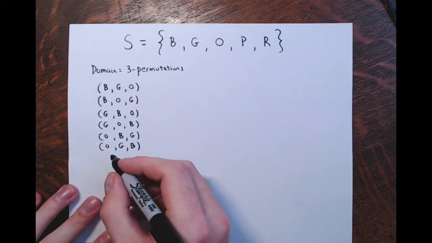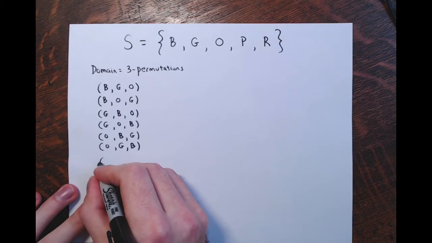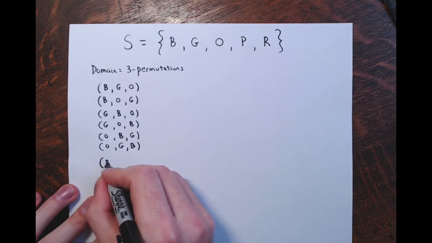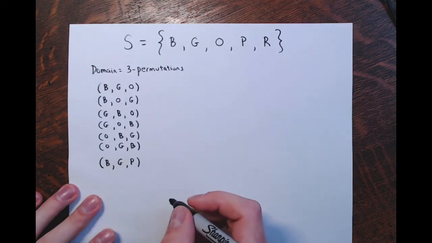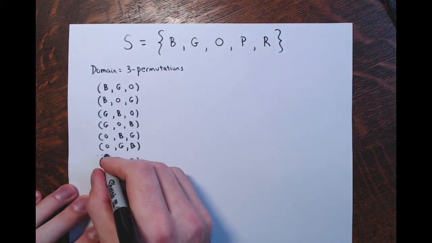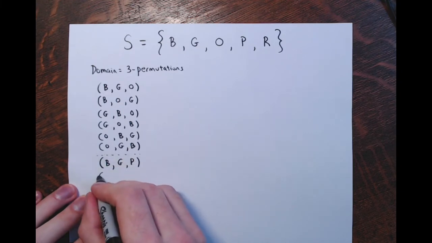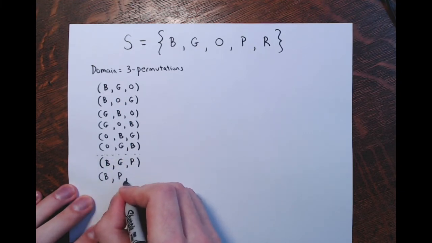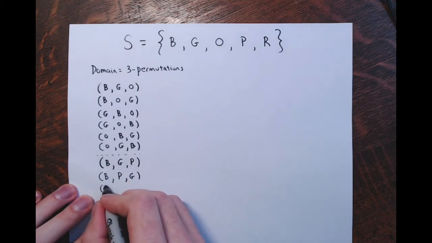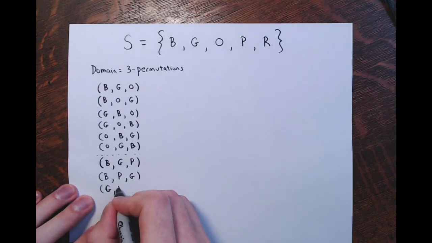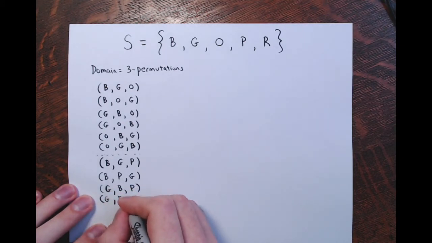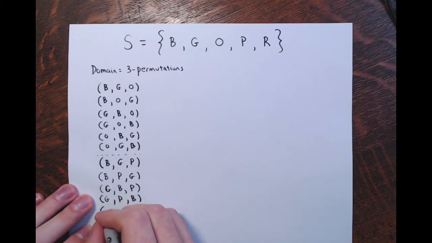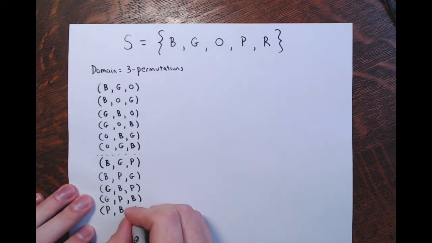Then another one I could have would be B, then G, then P. And there are 6 ways of rearranging these: BGP, BPG, GBP, GPB, PBG, PGB.